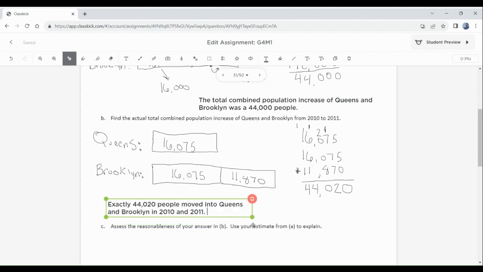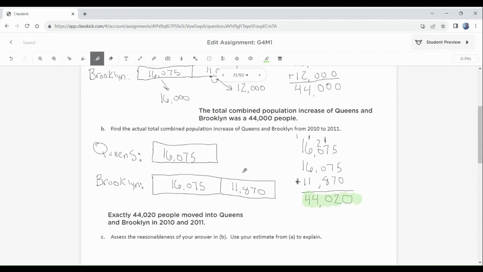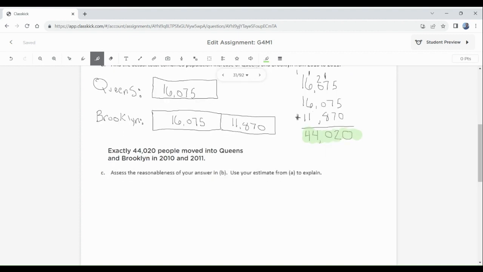Letter C asks us to assess the reasonableness. So we're looking at whether or not 44,020 is close to our estimated amount of 44,000, and those numbers are very close to each other. They are only 20 off. Therefore, we would say that, yes, the answer is certainly reasonable.